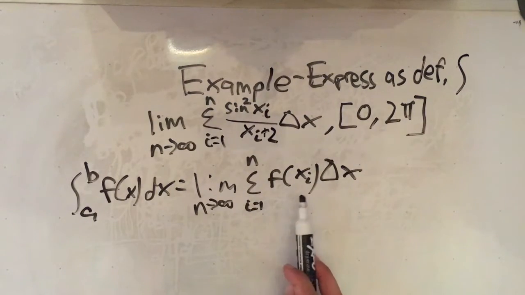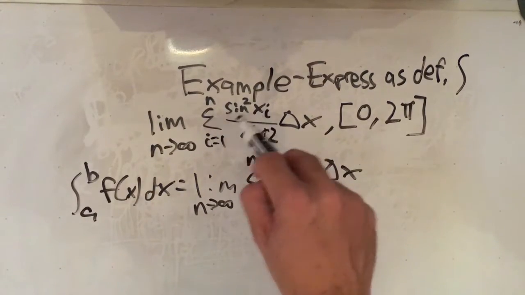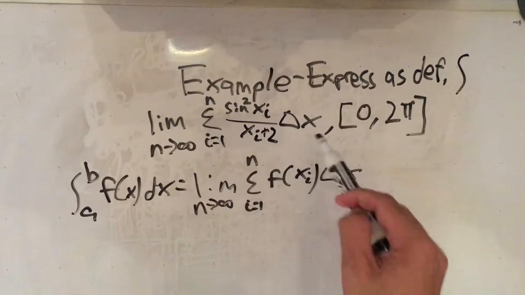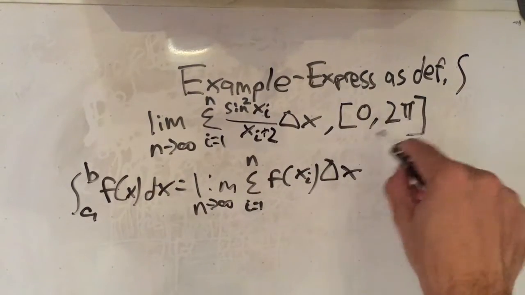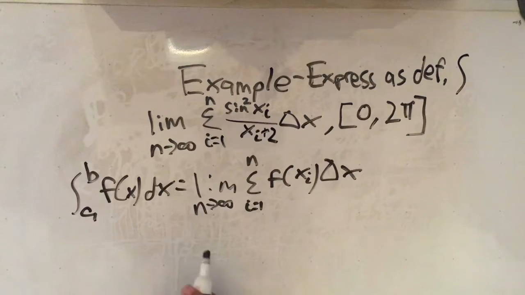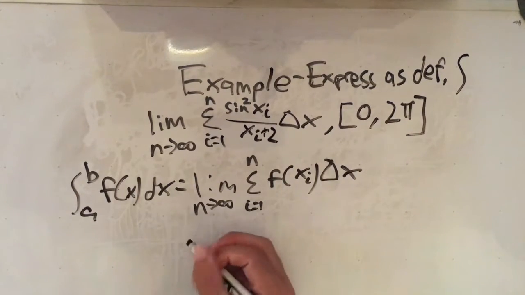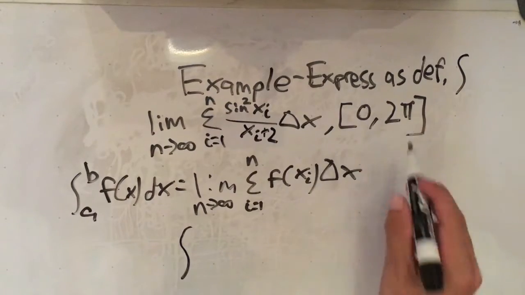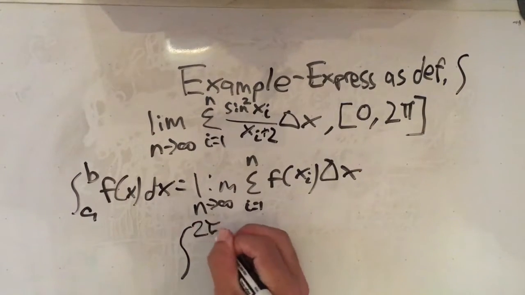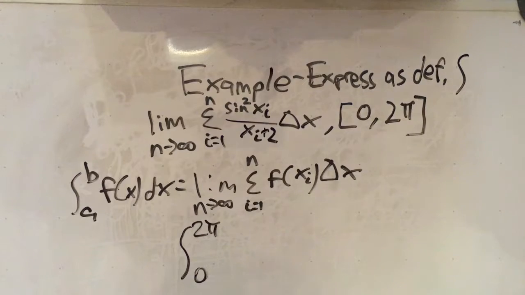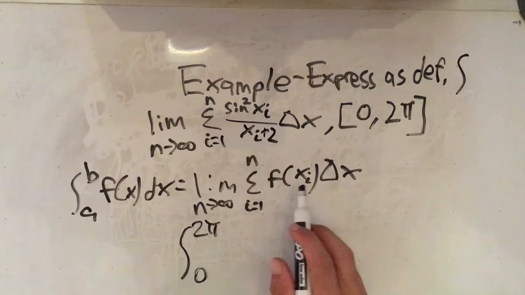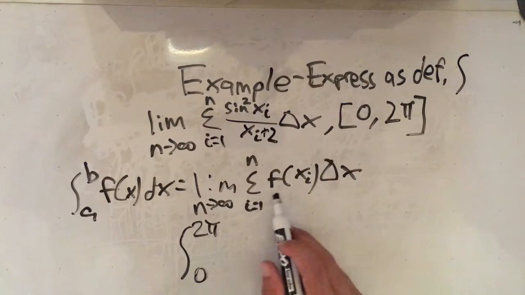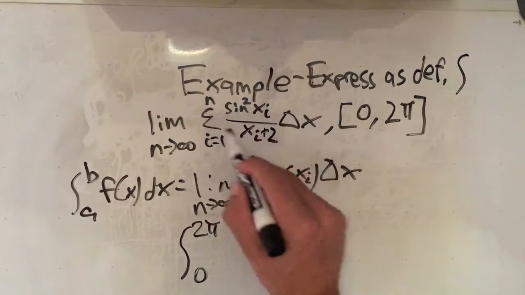So now, when we've got these lined up, it's very easy to see how it matches up. And what we have here is this is our f of x, and we're multiplying by our delta x. And this is our interval. So if we can see now, we can rewrite this as the integral from 0 to 2 pi of, and our f of x, that's right here, this is our f of x sub i, which is this portion.